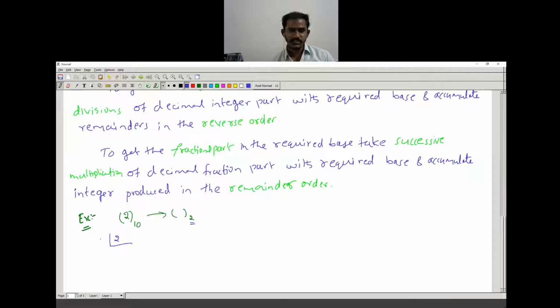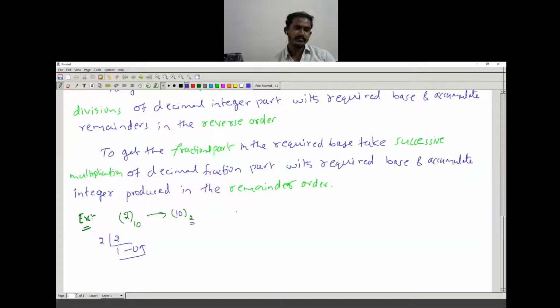So 2 ones are 2, remainder is 0. After that, just accumulate this remainder in the reverse order. Then this 1 0 is going to be the binary equivalent. The conversion of decimal 2 to binary is this one.